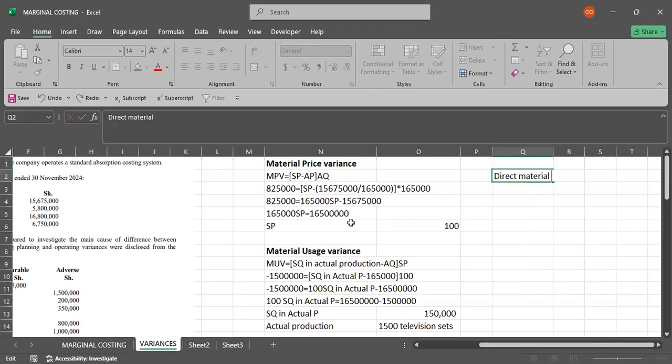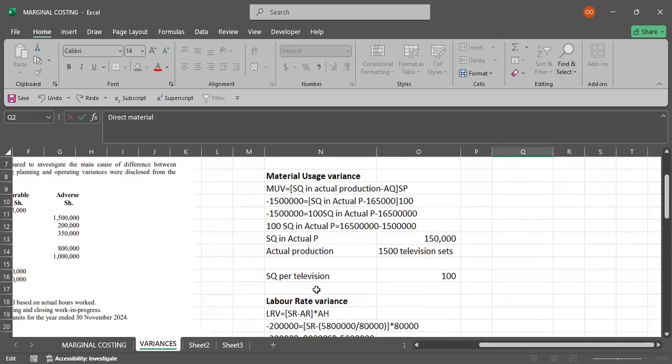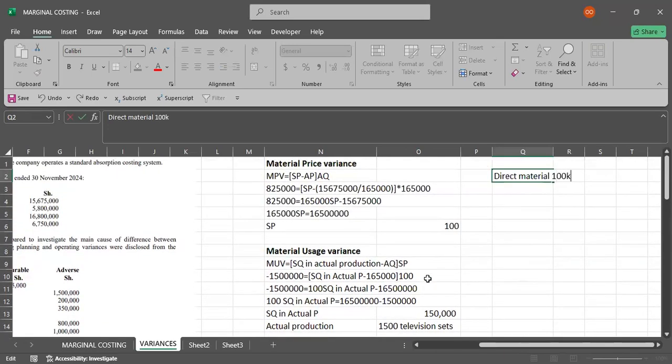The standard price is 100. Standard quantity per television is 100. So direct material will be 100 kgs at 100 shillings.